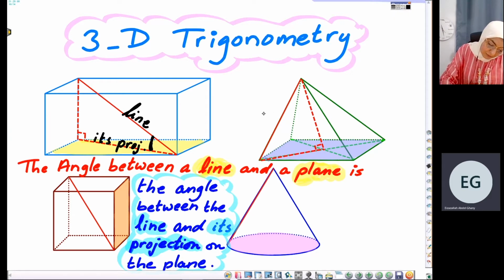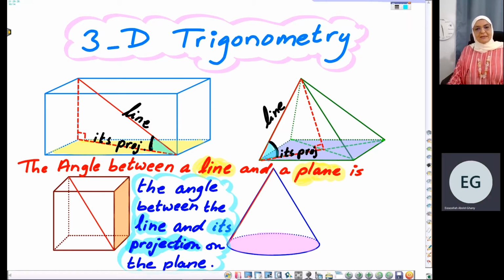It is the red one of the edges. And this is its projection on the plane. What does the word projection mean? It means when the line falls, where will it fall exactly? On this dotted line. So what about the angle? It is this black one. Let's shade it in blue. This is the angle between the line and its projection on the plane.